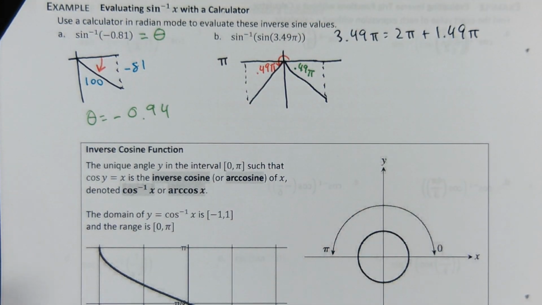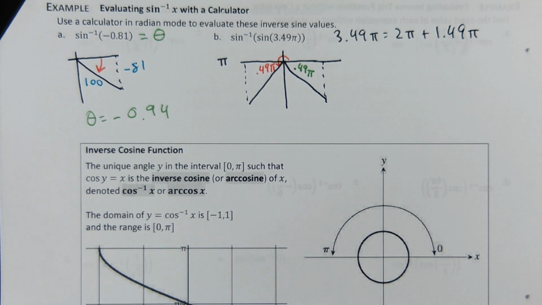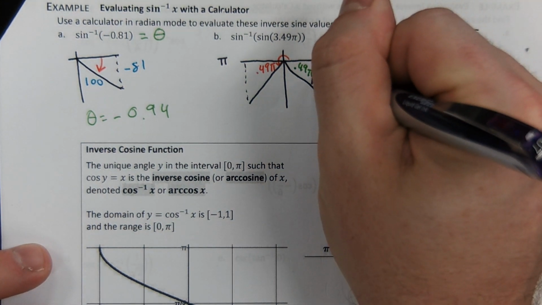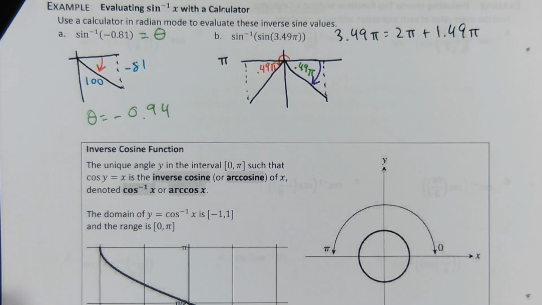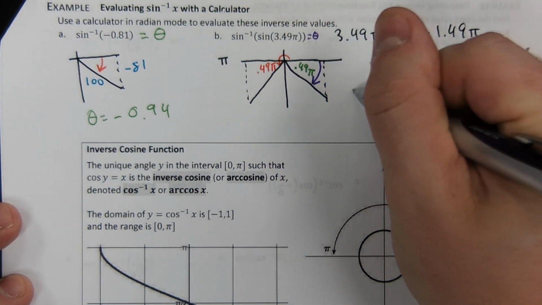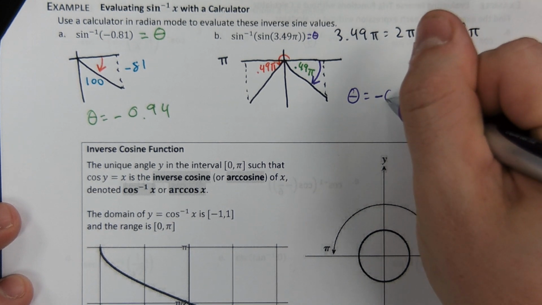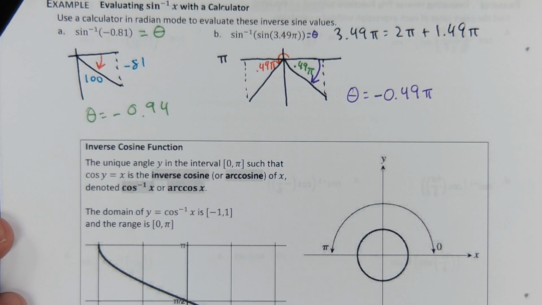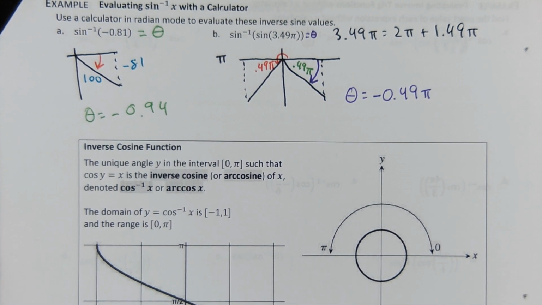But since I'm in quadrant negative 1, this, that's purple, is my answer. Negative 0.49 pi. And that was without a calculator.